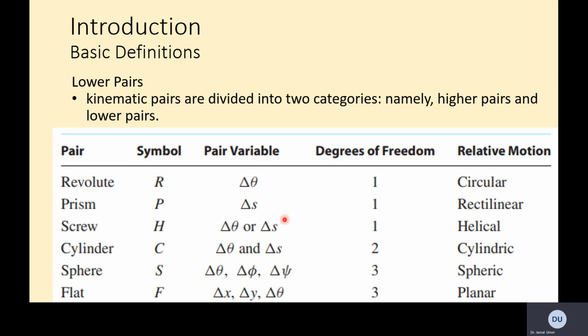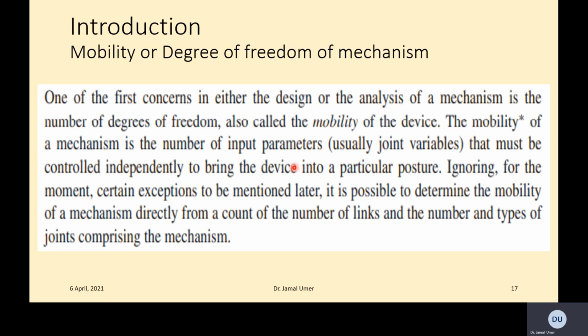So we need to make sure you should be familiar with these ones, because as they come along we will use especially the symbol and the degree of freedom and the variables basically. With regard to that, we will continue now to the next one.